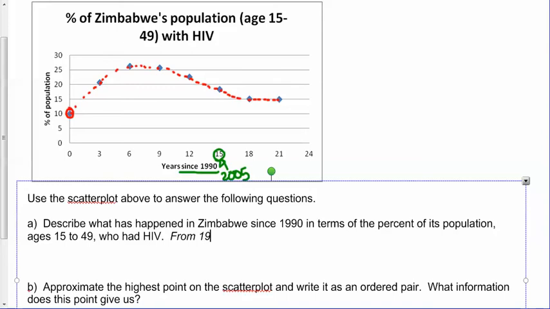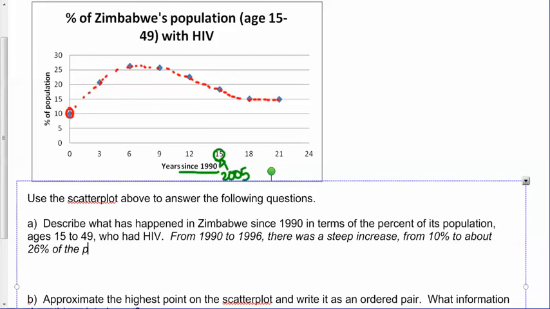From 1990 to 1996, there was a steep increase from, we said, 10% to about 26% of the population with HIV. And then again, we want to be specific here, from 15 to 49-year-olds.